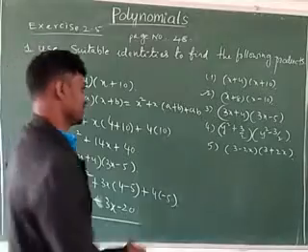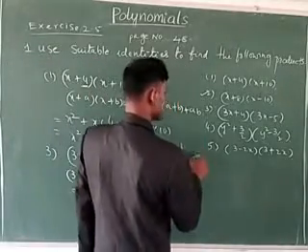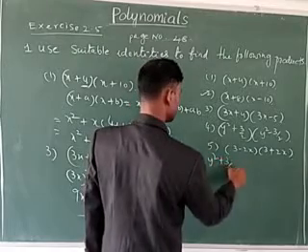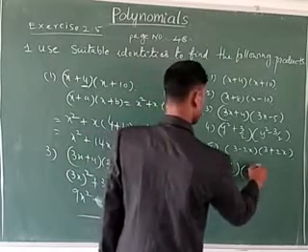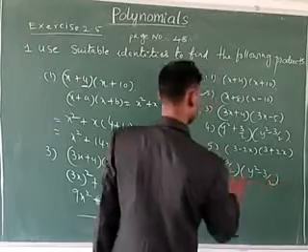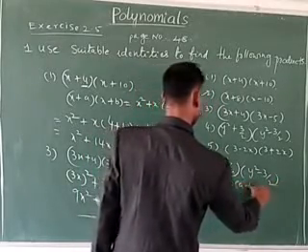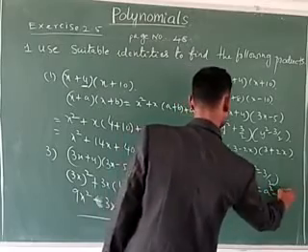Now see here, the fourth one: (y square plus 3 by 2) into (y square minus 3 by 2). This looks like (a plus b) into (a minus b). What is the formula? a square minus b square.